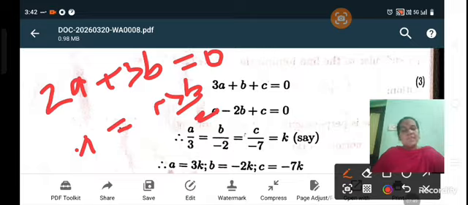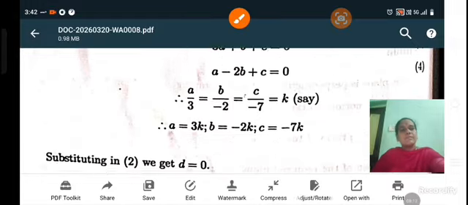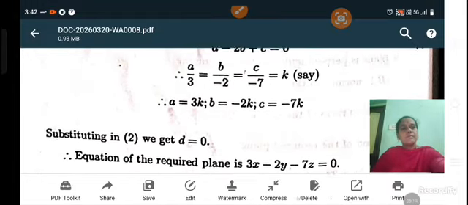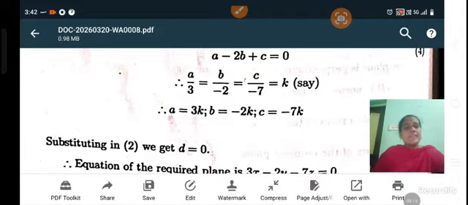So a : b : c is equal to minus 3 : 2 : 7. Take a is equal to minus 3, b is equal to 2, c is equal to 7. Substituting into equation number 3, we get minus 3 of 1 plus 2 of minus 2 plus 7 of 1 plus t is equal to 0.